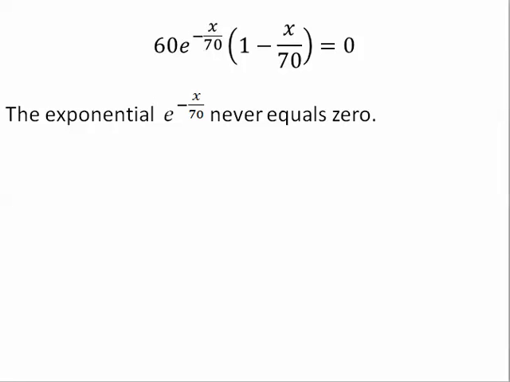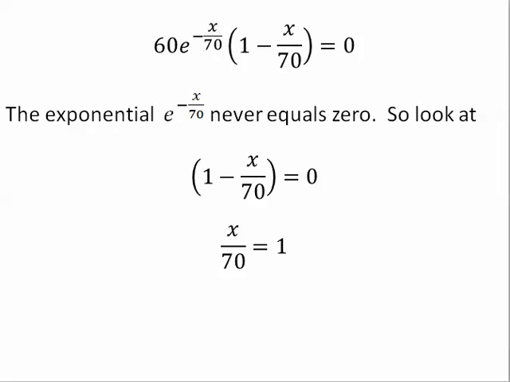The negative exponent just means that it's going to be a small number. So the only way for this product to equal 0 is to have 1 minus x over 70 equal to 0, which happens when x over 70 equals 1, or x equals 70. So we only have one critical point at 70.